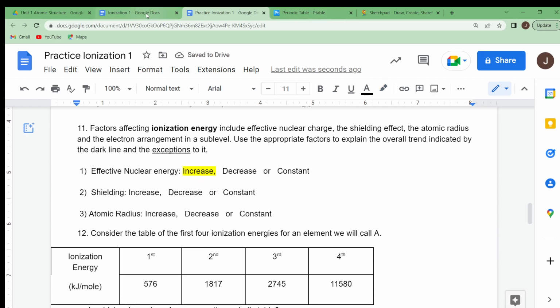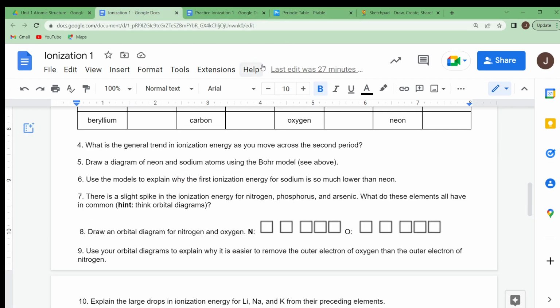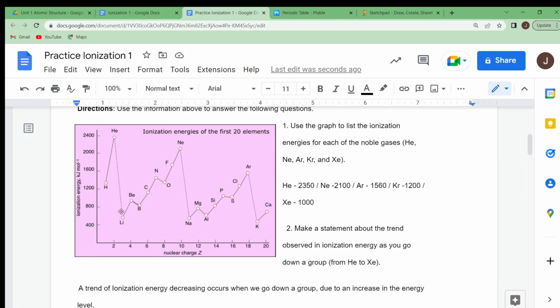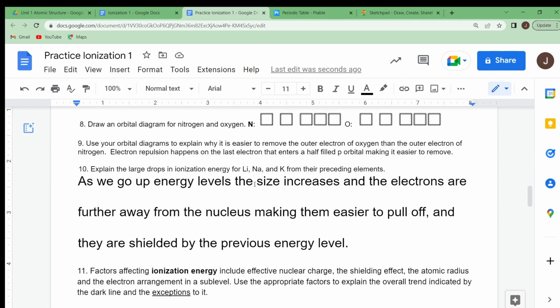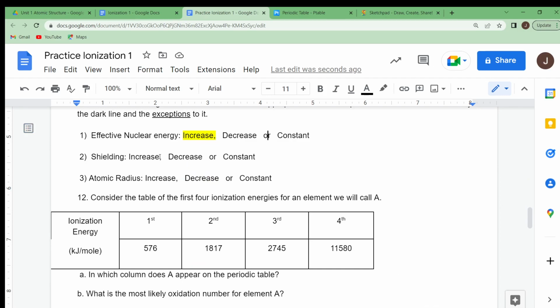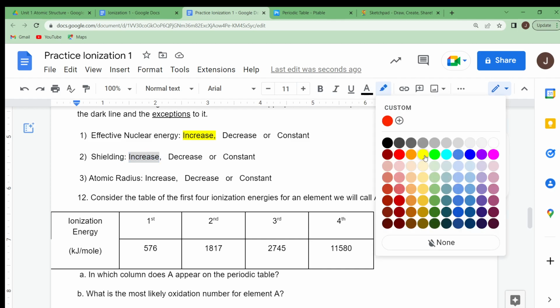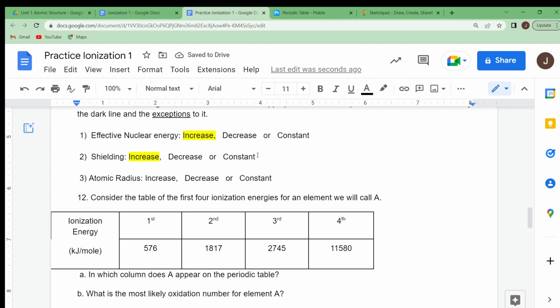Now, overall, we would then look at our shielding and say that in general, our shielding is increasing for each new level, but then staying constant through each energy level. Okay, and then we can also put kind of in a lower highlight that it's a little bit constant as well.